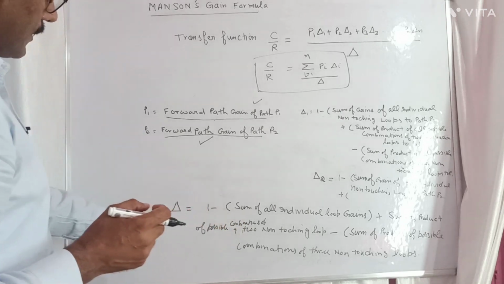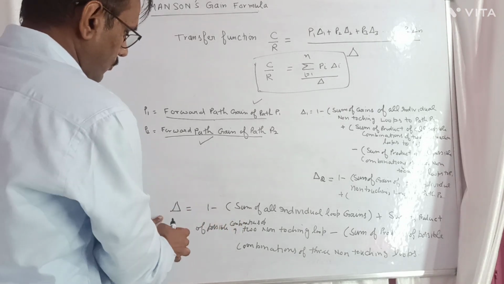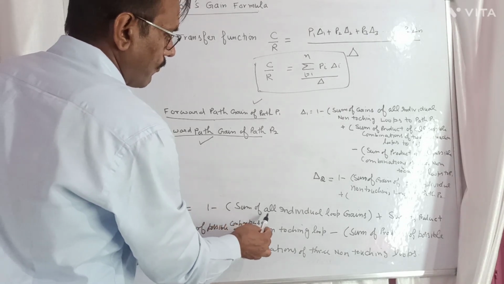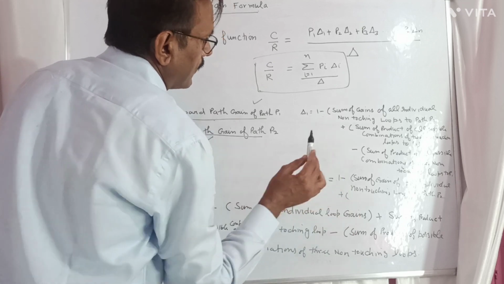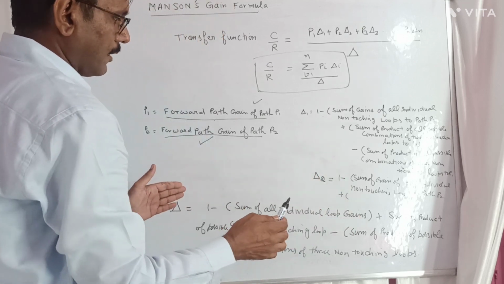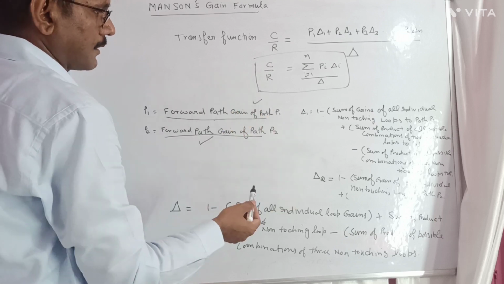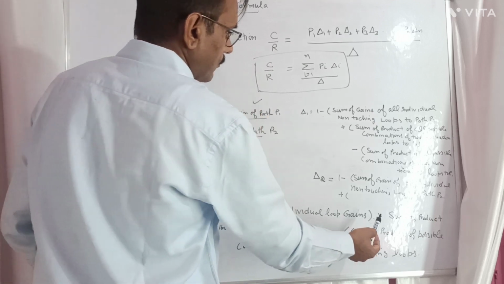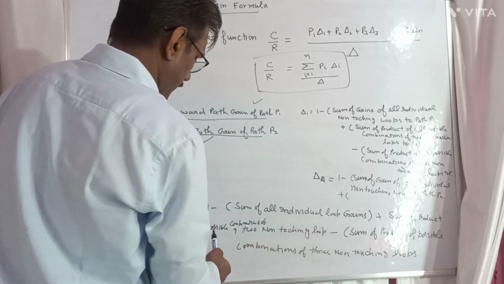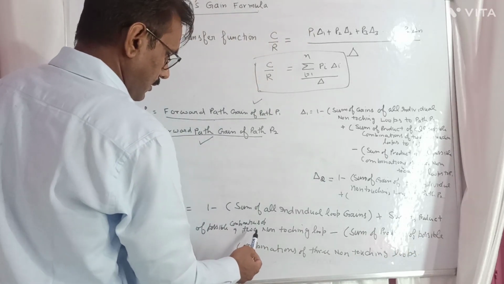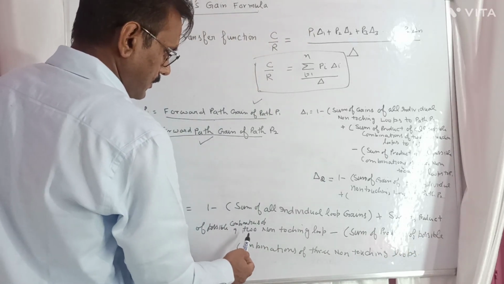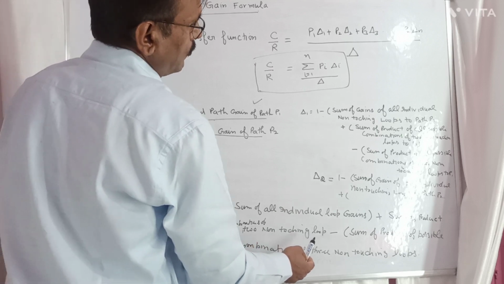Then delta, what is delta? Delta is equal to 1 minus sum of all individual loop gains. Whatever loops there are, add their gains, plus sum of product of all possible combinations of two non-touching loops.